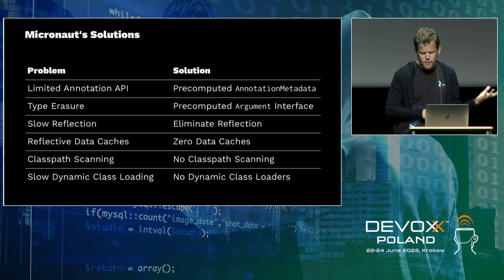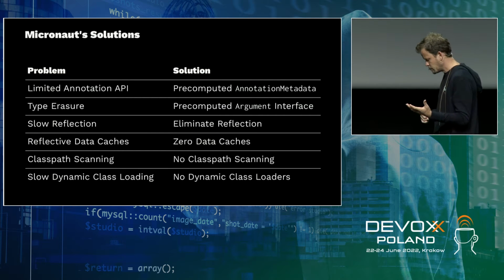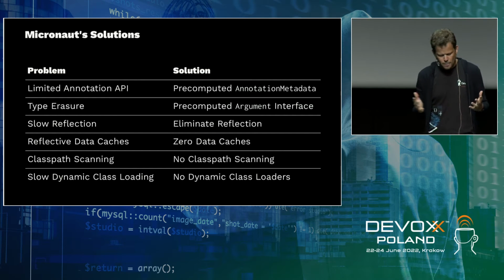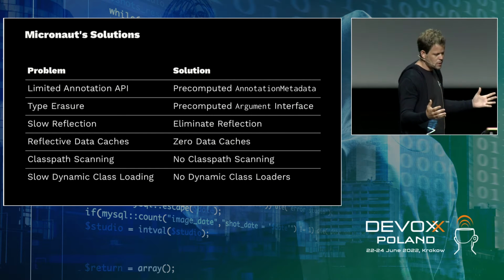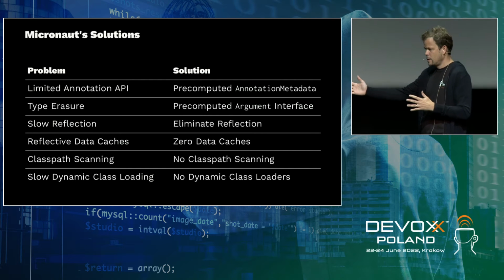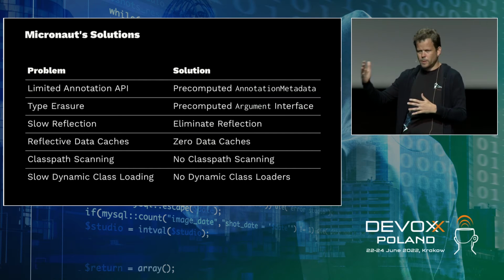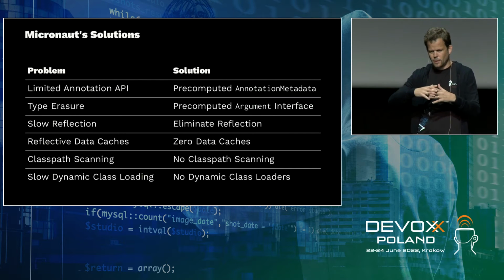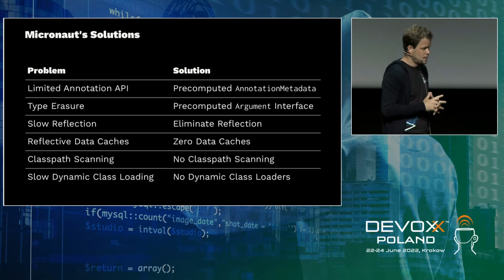And all of the scanning is eliminated because basically there's no class path scanning, and there's no dynamic class loading or anything. Everything is just the system class loader. That means the Micronaut application is very simple at runtime. There's no weird class loading arrangement that can trip you up.